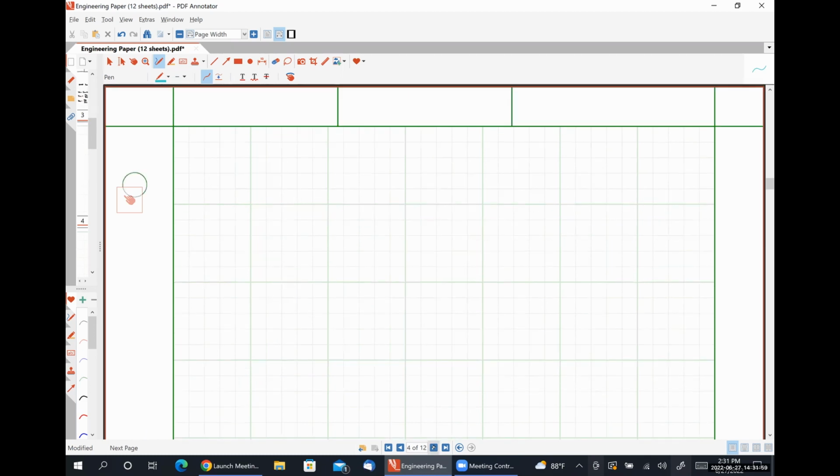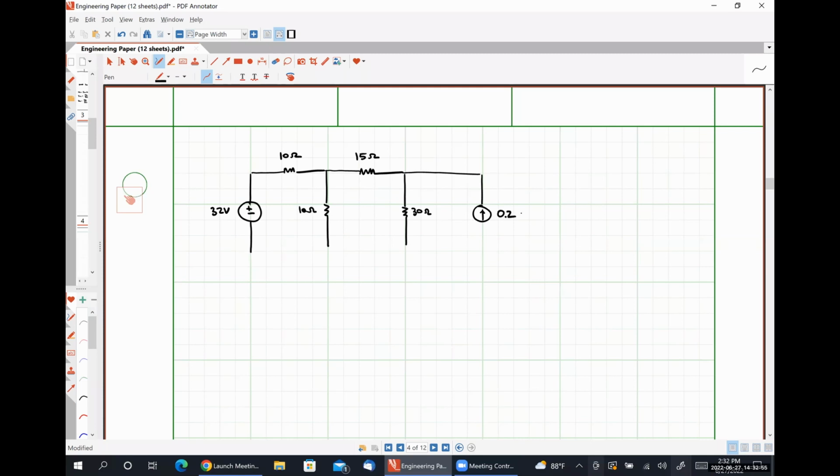So let's say that our circuit of interest is this guy, where we have a 32 volt source, and then we have a 10 ohm resistor, a 10 ohm resistor, a 15 ohm resistor, a 30 ohm resistor, and a 0.2 amp source.